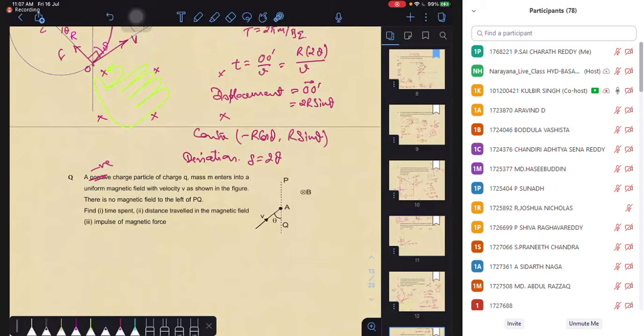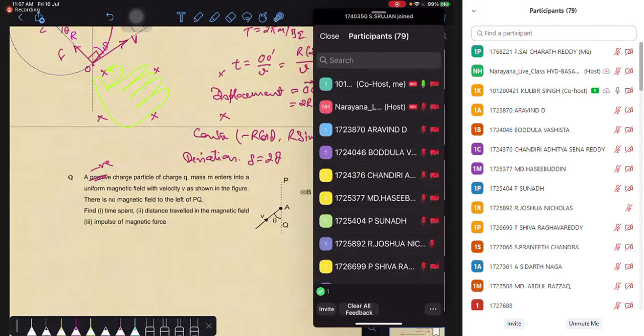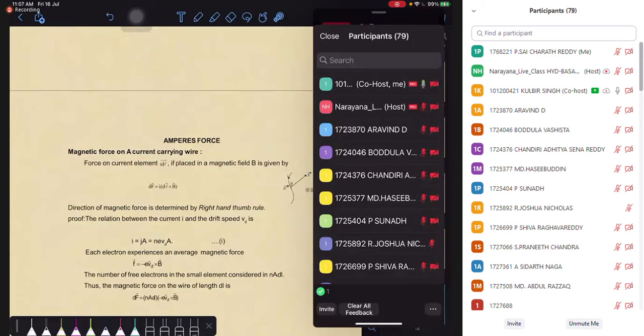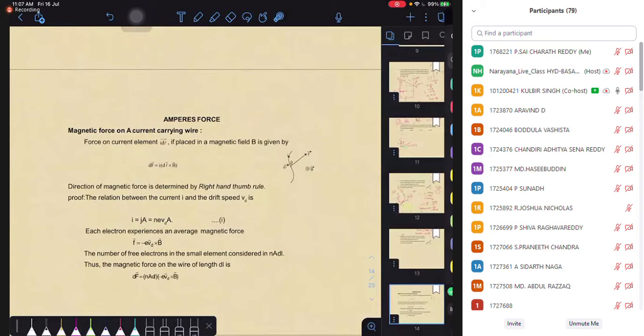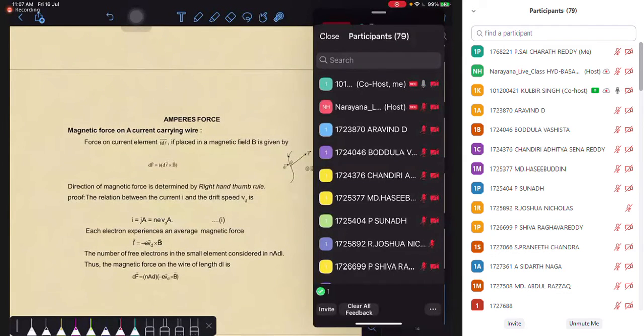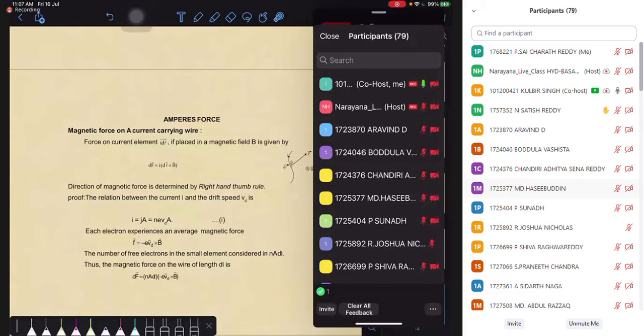Same question as the upper one, just try with the negative charge. I hope you understand the circles. If you understand the circle or force experienced by charged particles, now we can go to the next concept in the chapter: the force experienced by a current carrying wire.